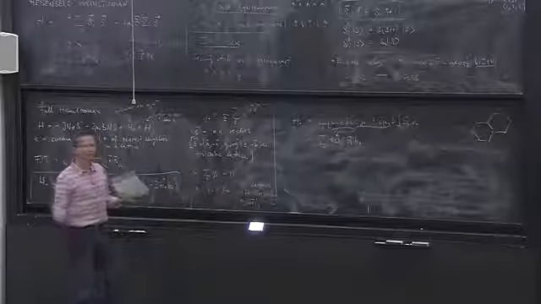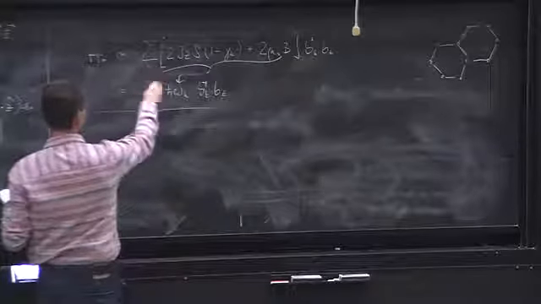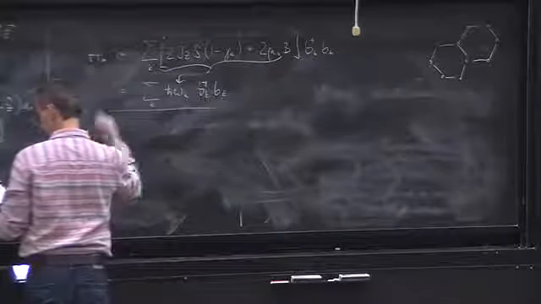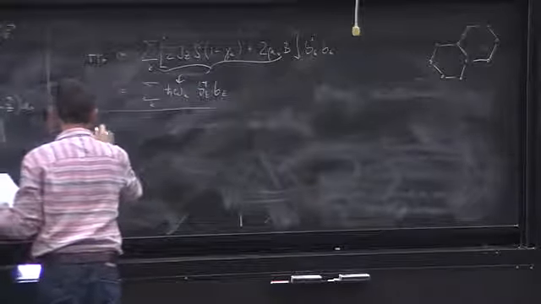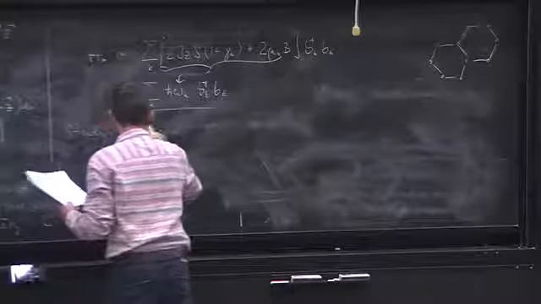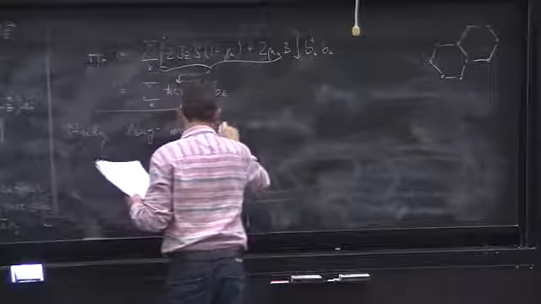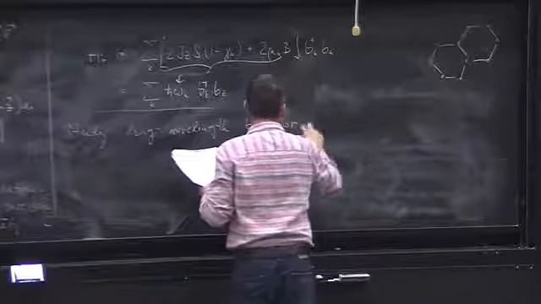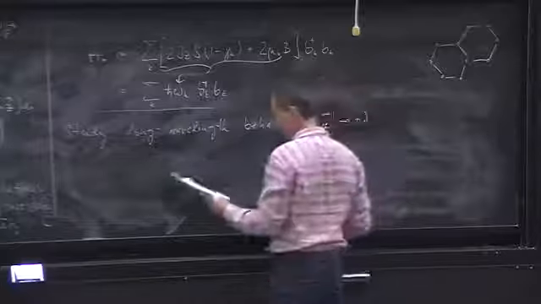But to get some universal properties, let's study the behavior of this system at long wavelengths, which we expect to be important at low energies, meaning k goes to 0.